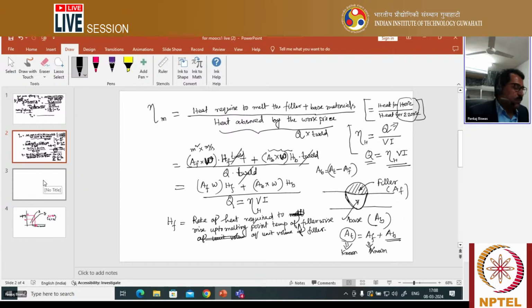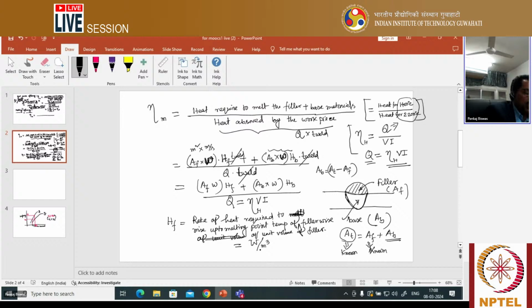So here you can see, what is the unit of HF? HF unit you can write as watt per meter cube. Watt per meter cube, correct? This you should keep in mind.